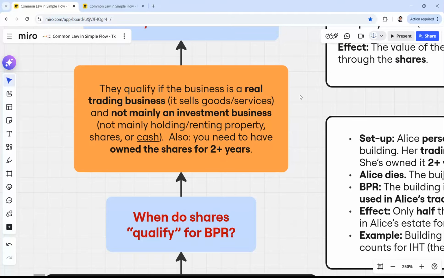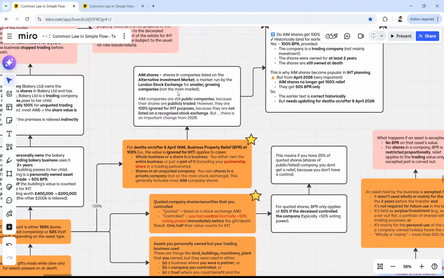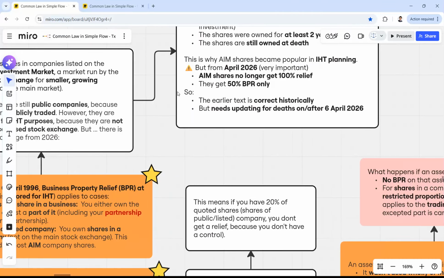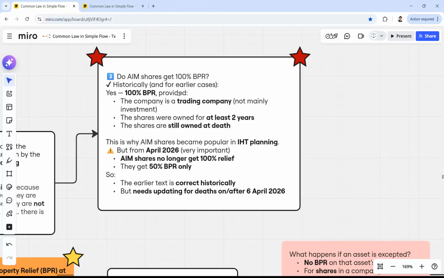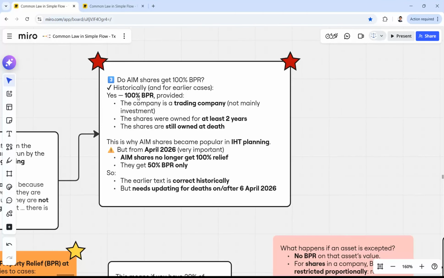So it shouldn't be just a reinvestment company, but a real business that does things like selling goods and services. And coming back here, the company must be a trading company in AIM, the Alternative Investment Market.